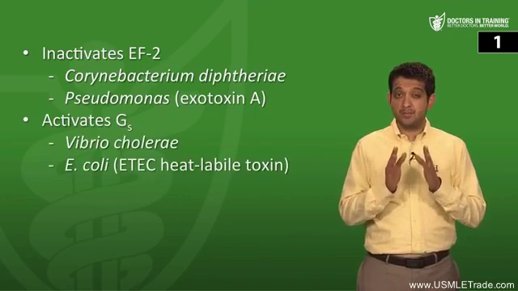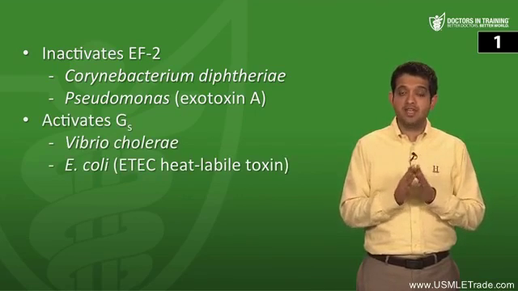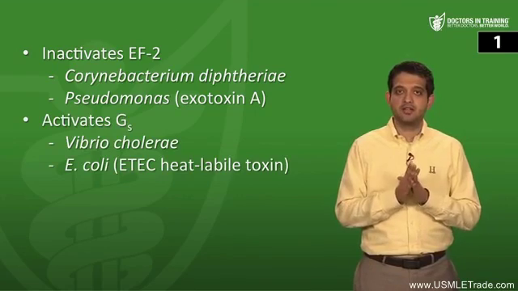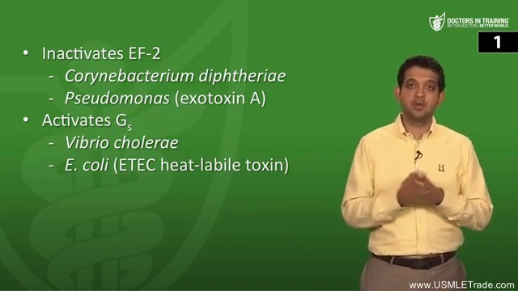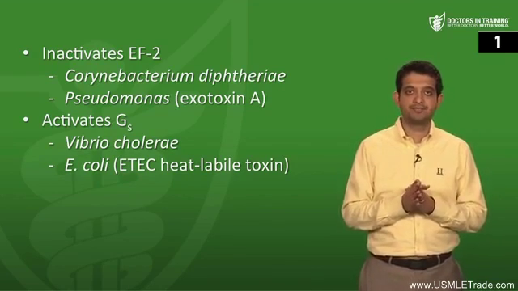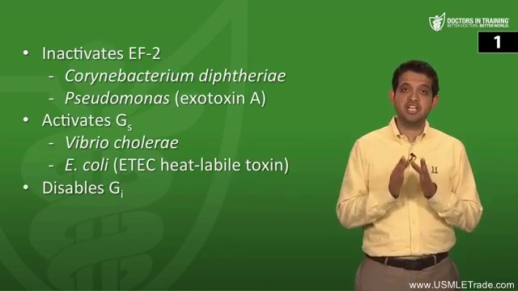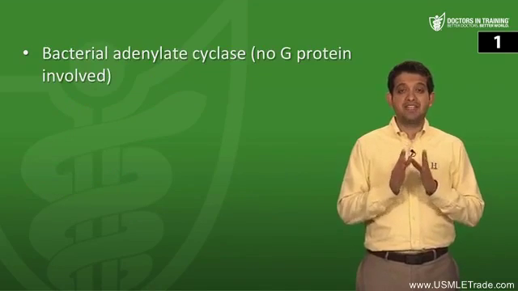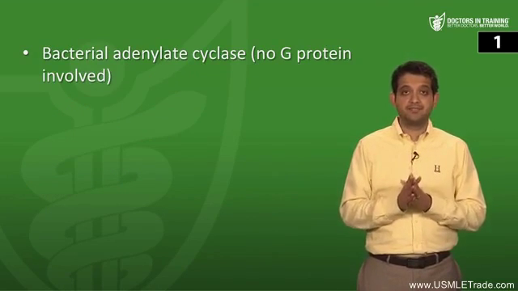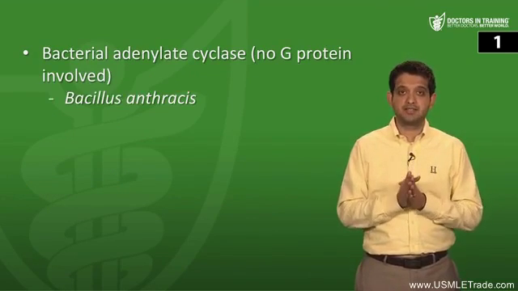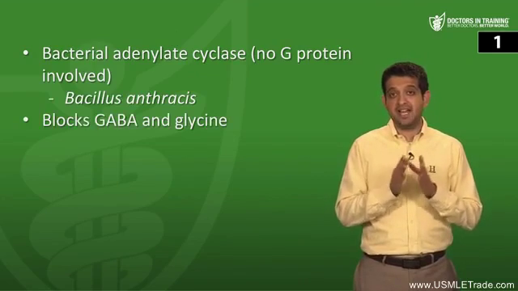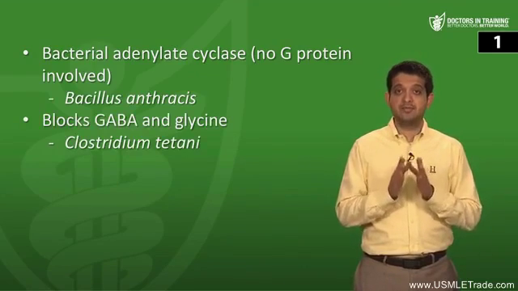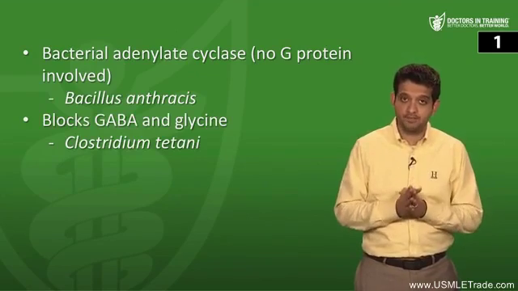So this one is Vibrio cholerae, and also ETEC heat labile toxin, which is enterotoxigenic E. coli heat labile toxin. Next, disables GI. This is pertussis toxin. Next, bacterial adenylate cyclase. This is Bacillus anthracis. And blocks GABA and glycine. This one is Clostridium tetani, which causes lockjaw.